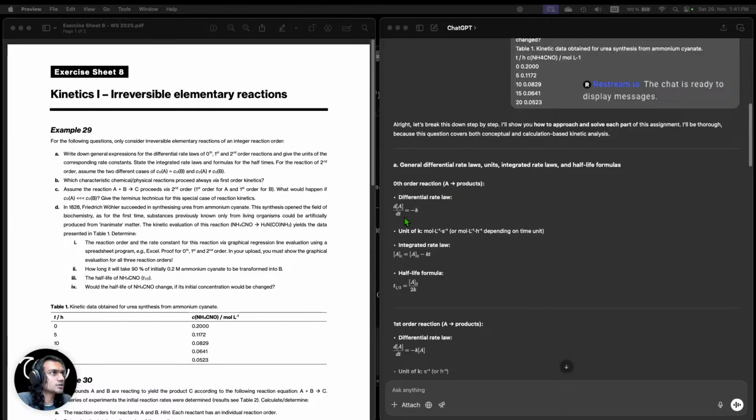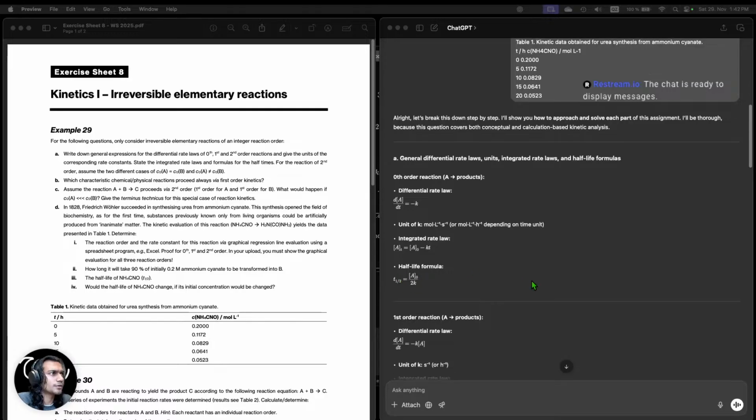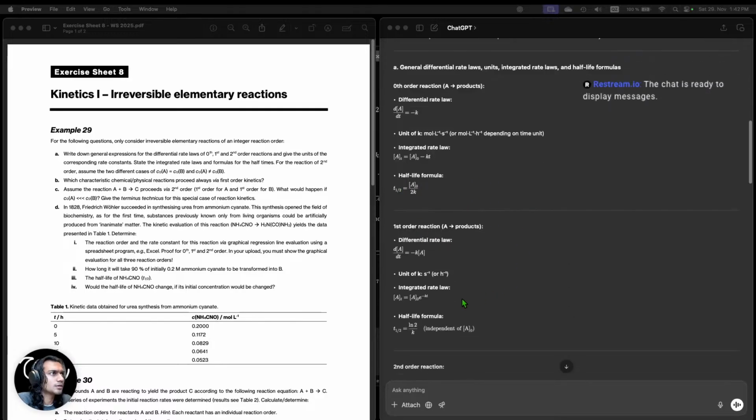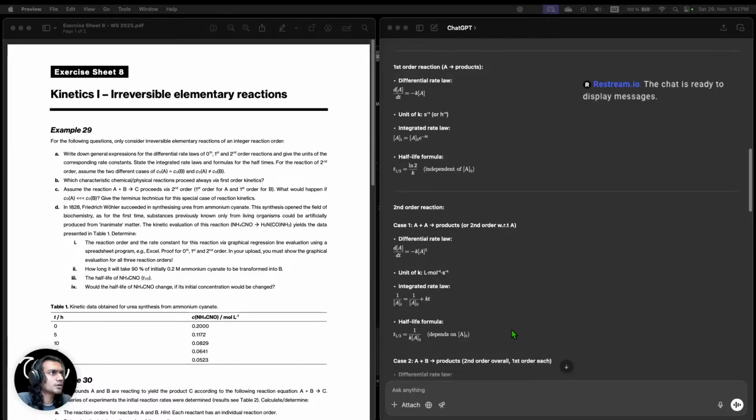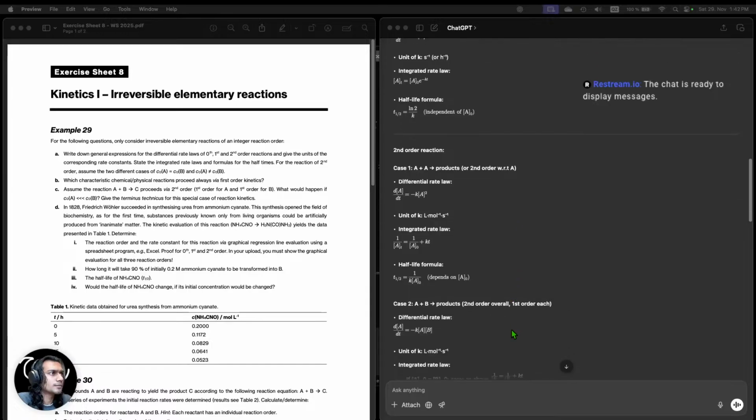Differential rate law: d[A]/dt equals minus k. What would t be? It's time, I guess. Integrated rate law. Half-life. First order. It's pretty different. Okay. Second order reaction, case 1: A plus A gives product, second order with respect to A.